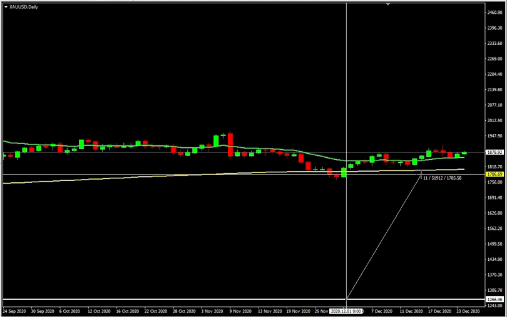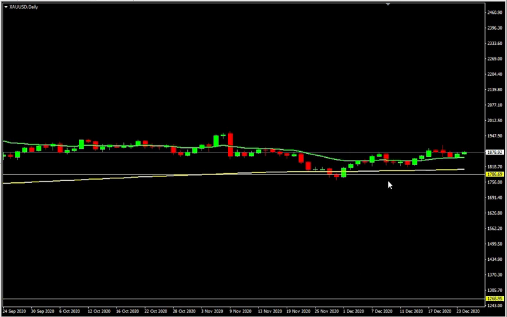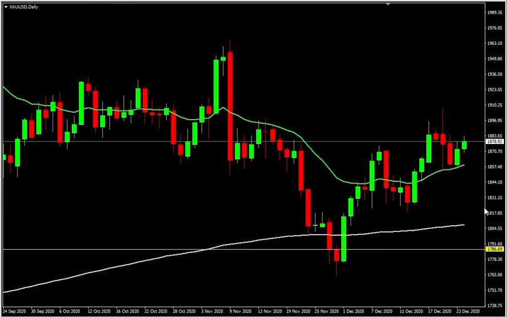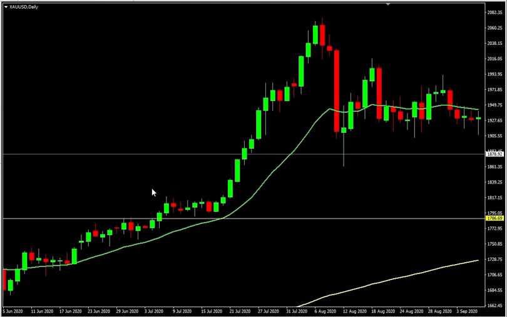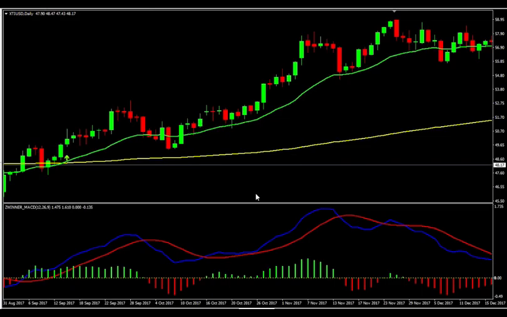Now each point is $10, so this could be $5,191. Anyway, so nobody is going to wait for 2 years to stay in the trade. Now let's go back and have a look what we can do.